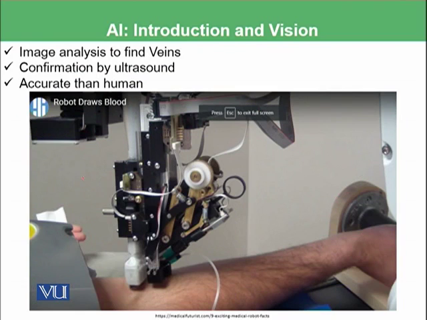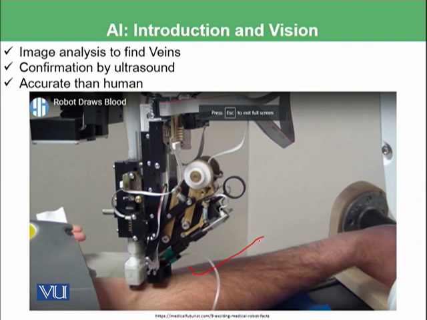And then there is another very important robot which takes blood from your veins. It uses image analysis to find veins, confirmation by ultrasound, and it is more accurate than a human. You might have gone to hospitals where your blood was taken from the vein, and sometimes the person taking your blood is not finding your vein and puts the needle in again and again, and you feel a lot of pain.